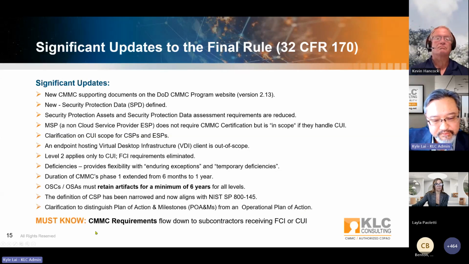Okay, I just want to bring up that CMMC requirements flow down. There are flow down requirements for contractors and subcontractors for all Level 1, Level 2, Level 3, although it depends on the type of information that you pass down to your next level down contractors and subcontractors.